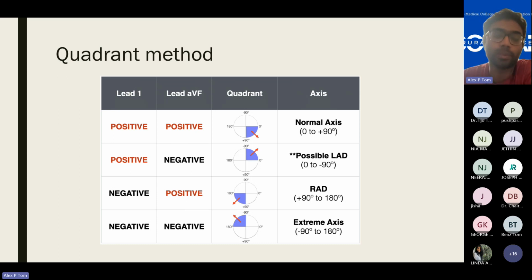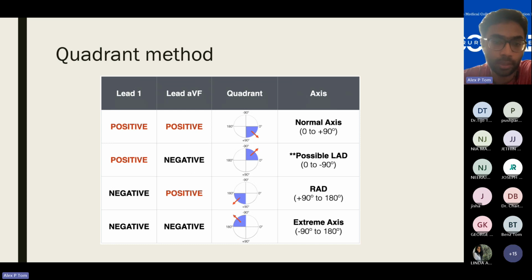And then all you do is look at the QRS complex and see if it's positive or negative. If the QRS complex is positive in net, then you will label it as positive. And if the AVF is positive, you again label it as positive, and that will make it here. The axis will be somewhere here.